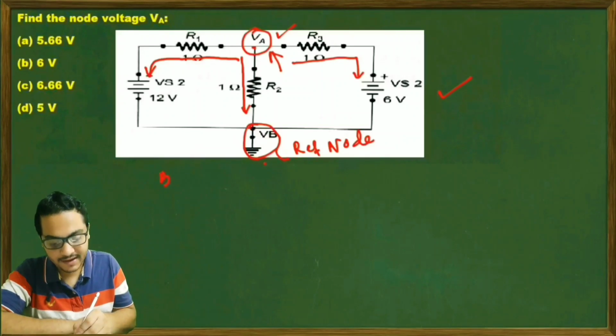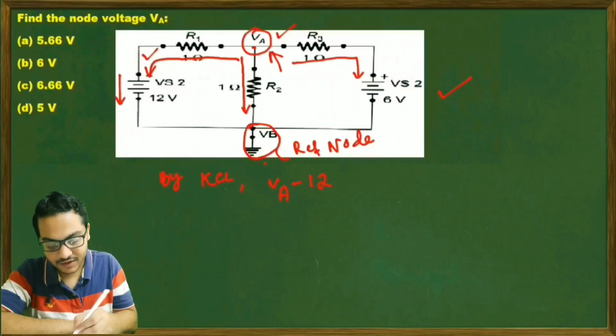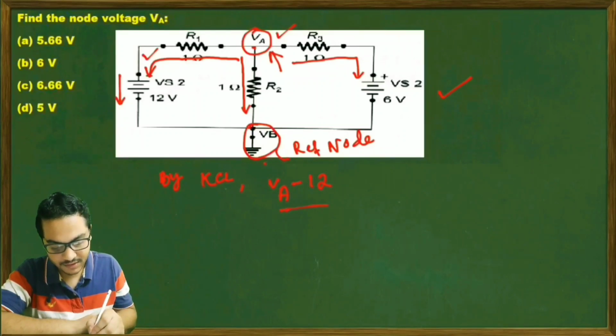By KCL at this node, let's form the KCL equation. For this branch, VA minus 12, that is minus 12, because we are moving from higher potential to lower potential, divided by R1.